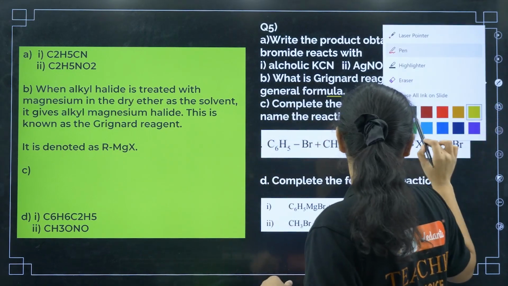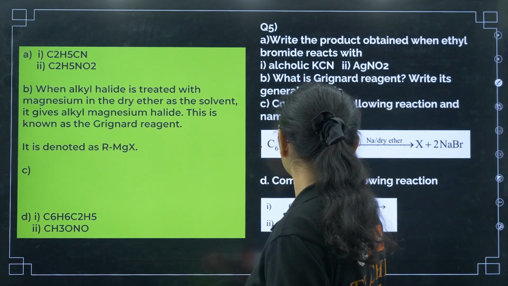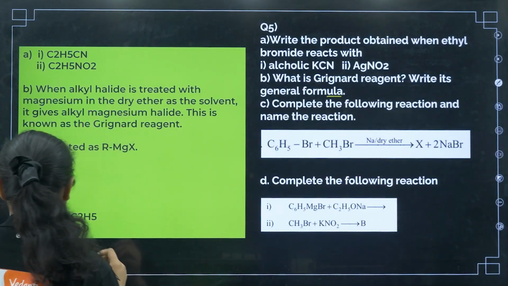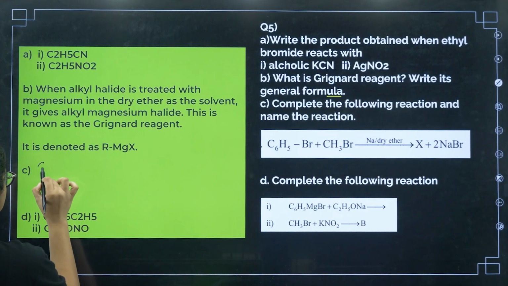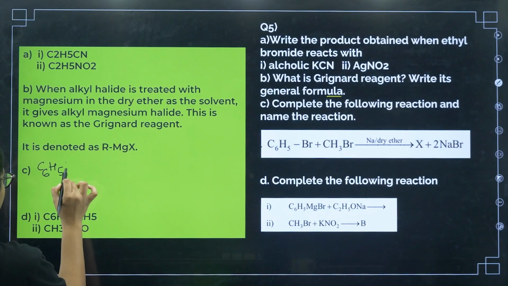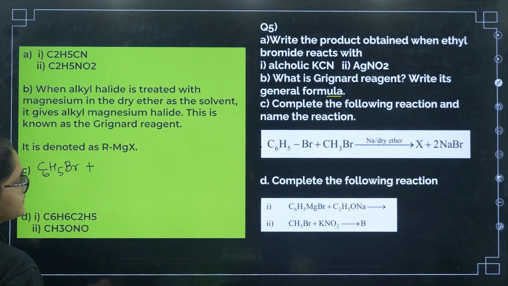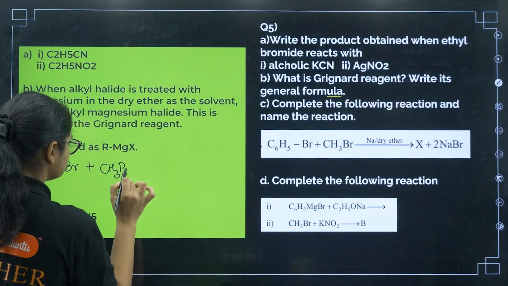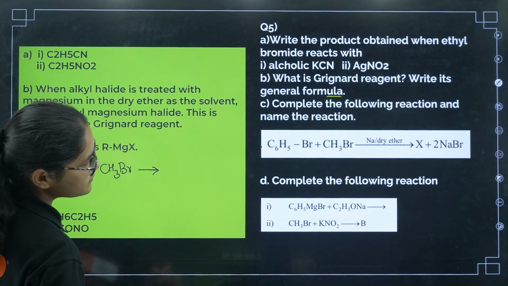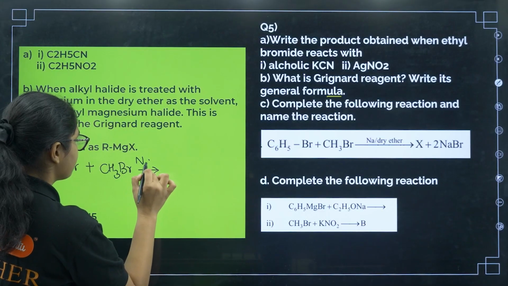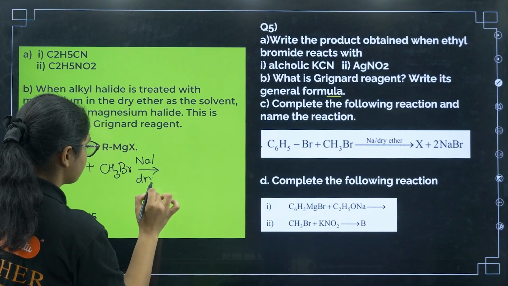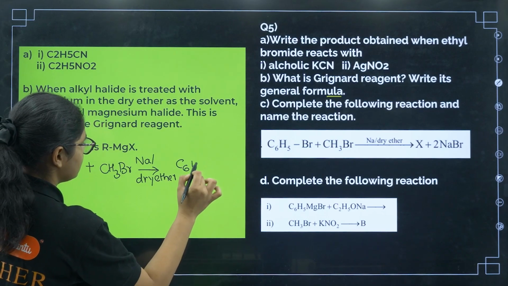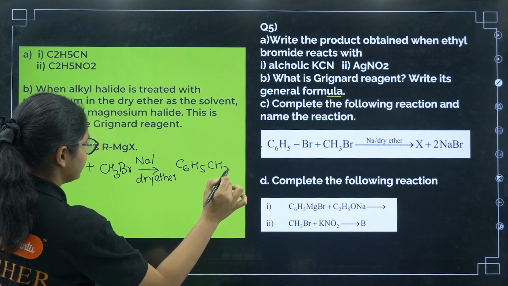The next one, complete the following reaction. If I just want to write the product of this reaction, I have here C6H5Br plus CH3Br, Na, dry ether, it will give me C6H5CH3.